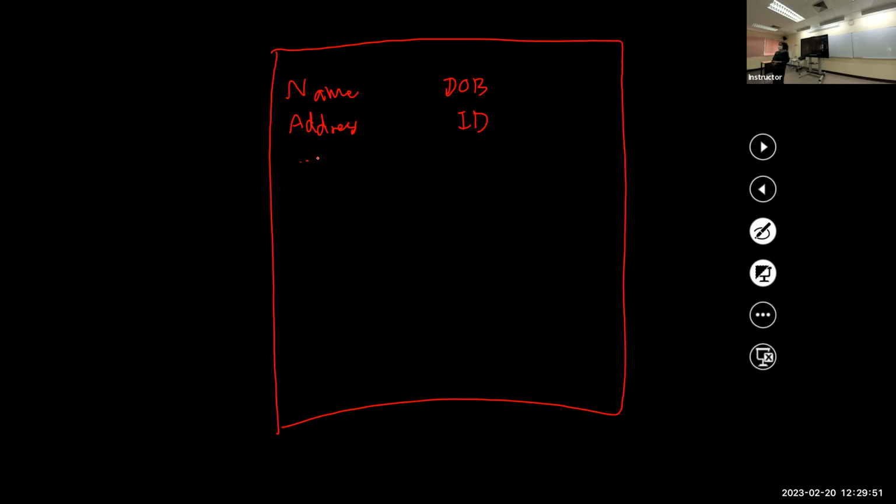Apart from demographics, what else do they ask you? Insurance. Ah, very good. We need insurance information. But this is optional, right? Because somebody may have or may not have. Anything else? Past medical history.